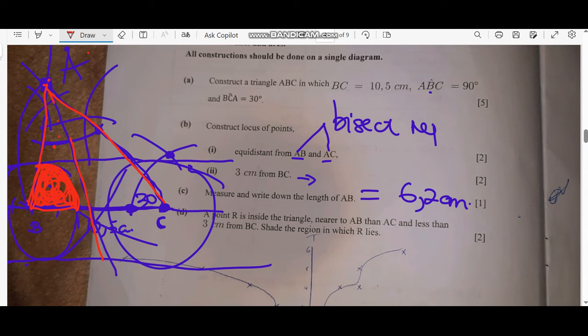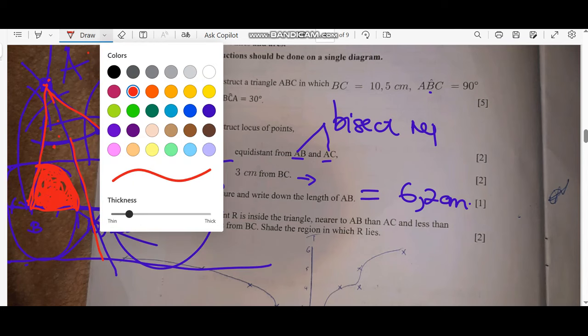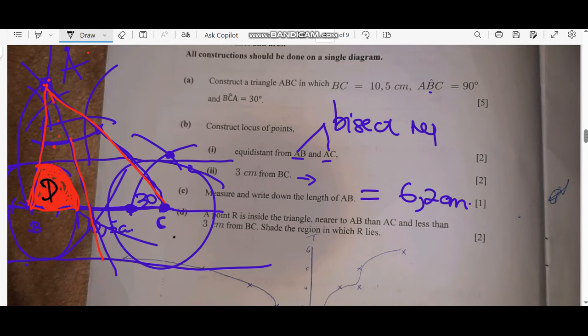Make sure you shade inside only, because the region is inside the triangle. So that is where R lies. Right, done.